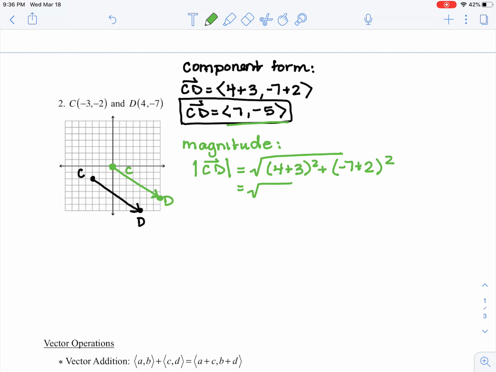So that should be the square root of 49 and 25, or the square root of 74, which is about 8.6.